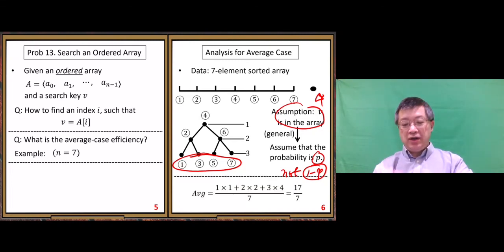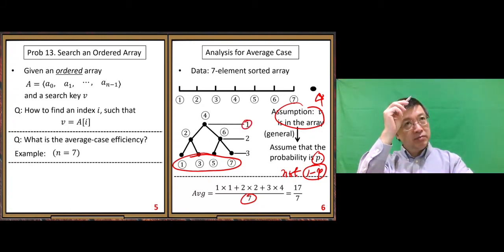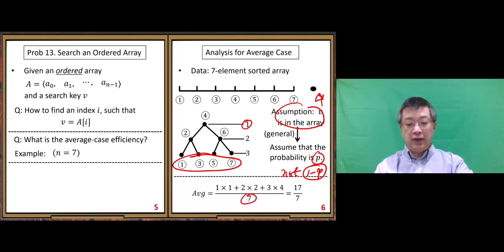Now the average formula is this. Because we have 7 total cases, the denominator must be 7. Then the numerator: how many elements need 1 comparison to get a hit? That's 1. How many elements correspond to 2 comparisons?